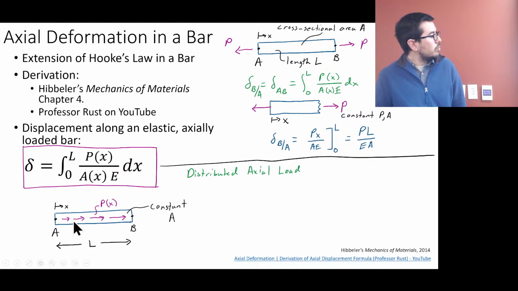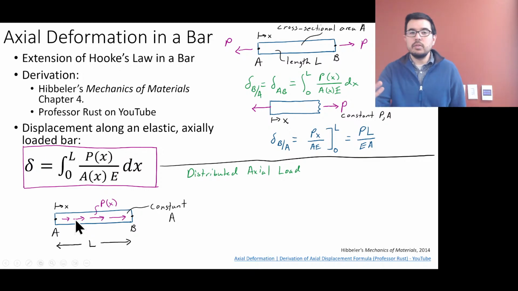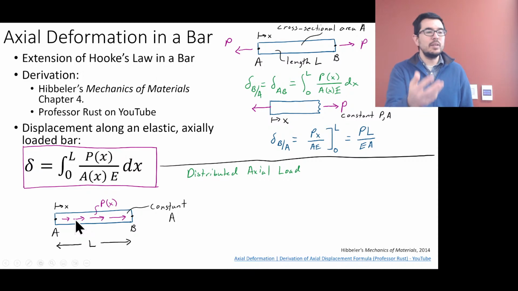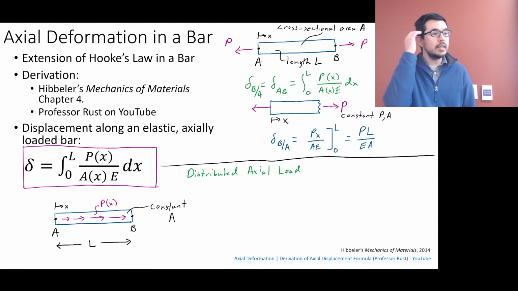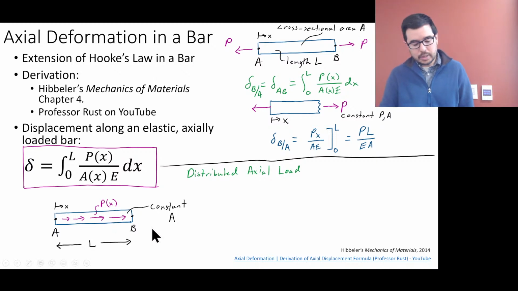You might see something like this in a system that's centrifugally loaded, which I wanted to do as an example in class today, but I think it will show up on the assignment. This is from exam 1 from 2015.